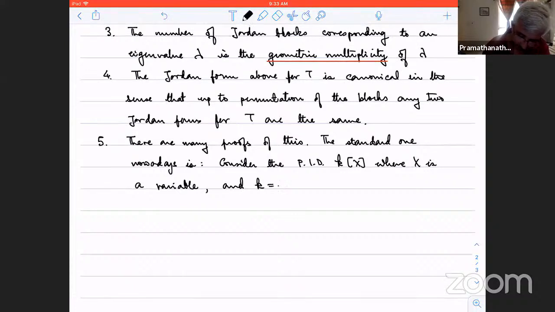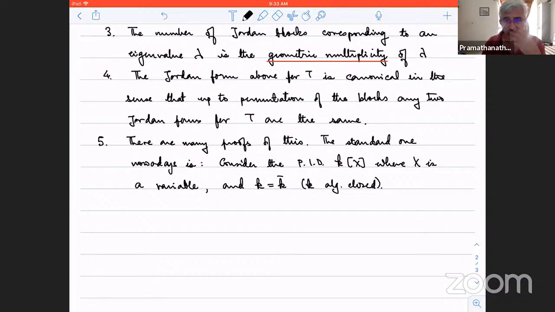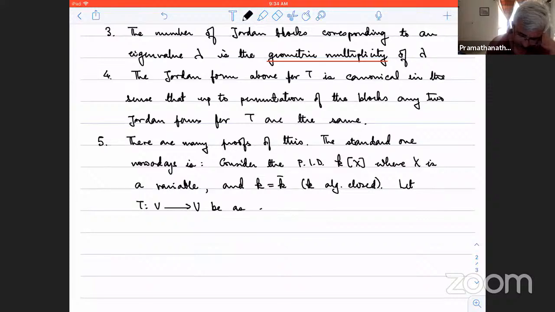And K is algebraically closed. So look at any such field, and associated to the field is the principal ideal domain K[x], because it's a Euclidean domain. It's a principal ideal domain. Let T from V to V be as above.